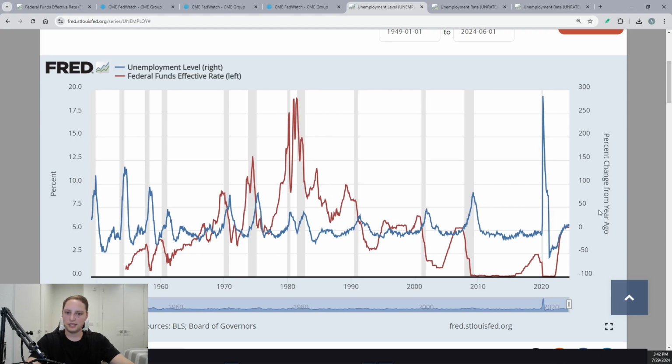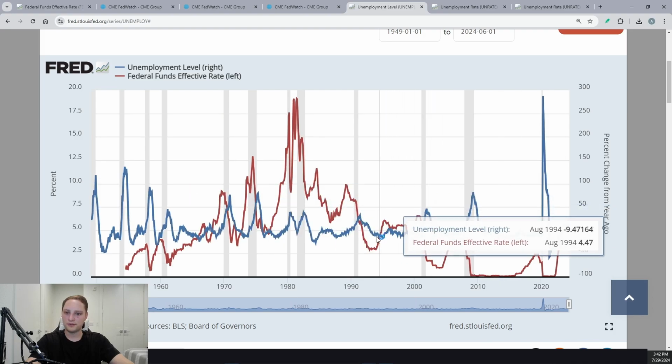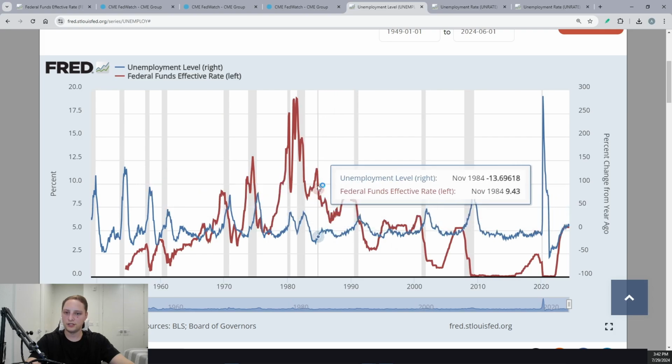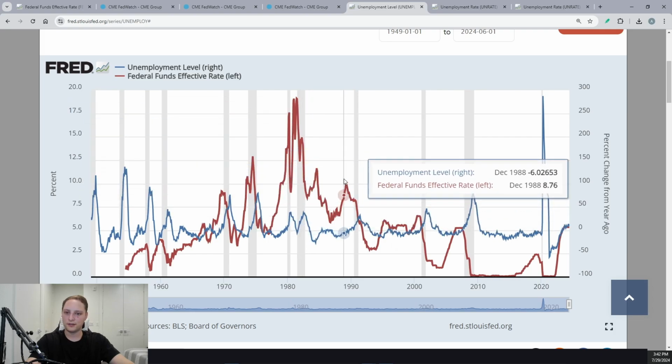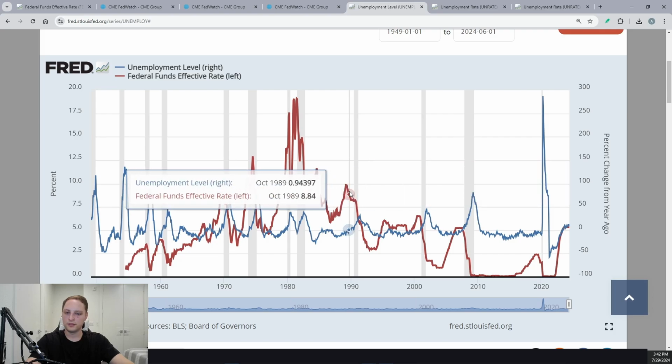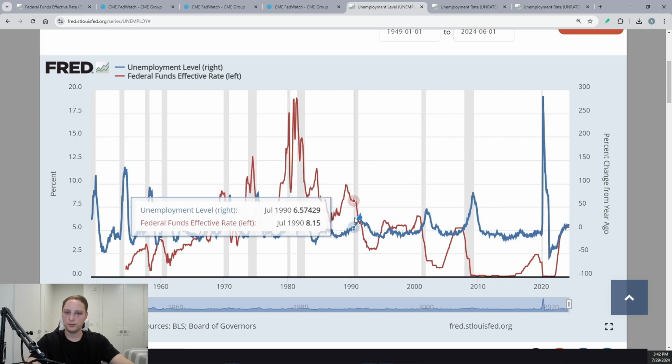As you can see, as the red drops, the blue rises, so it has an inverse relationship. But you can tell that this happens when the federal funds rate is at different percentages throughout history. So it's really all about the change in the rate of the federal funds rate and the change in the rate of unemployment.